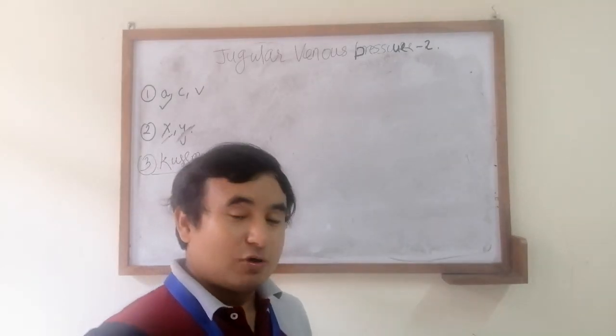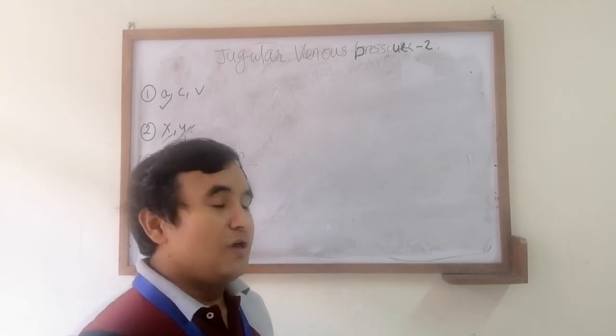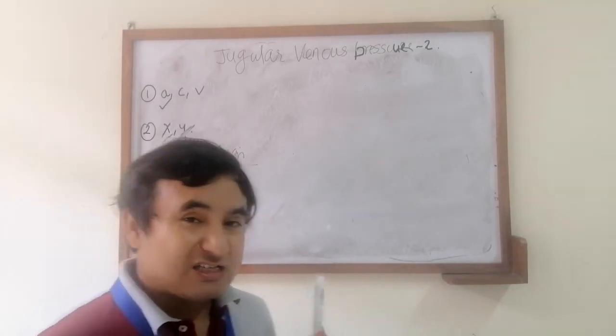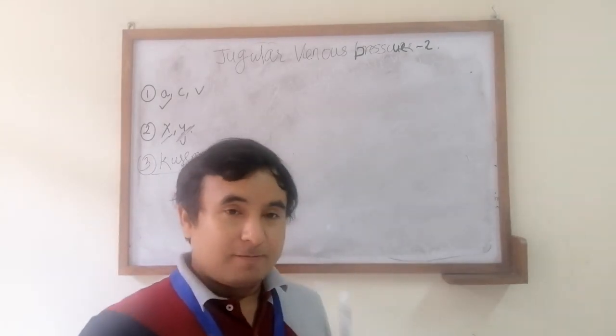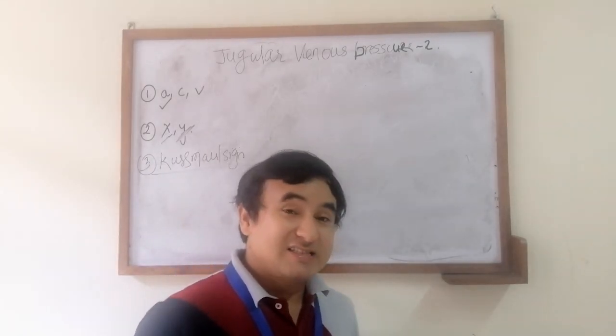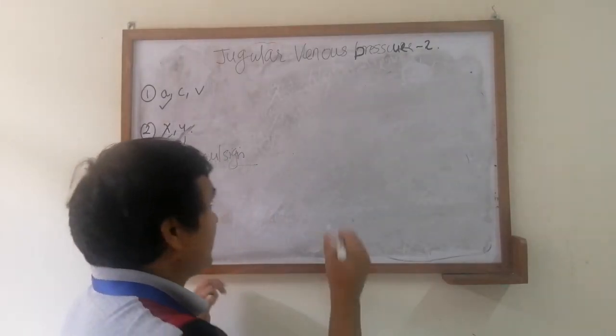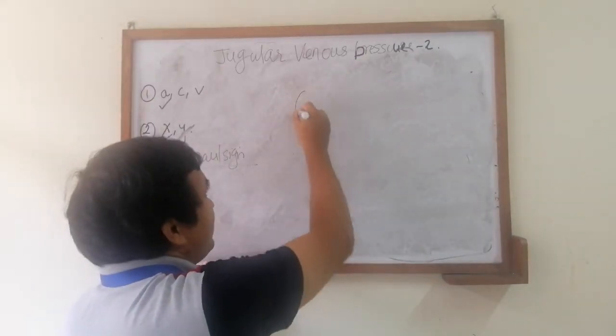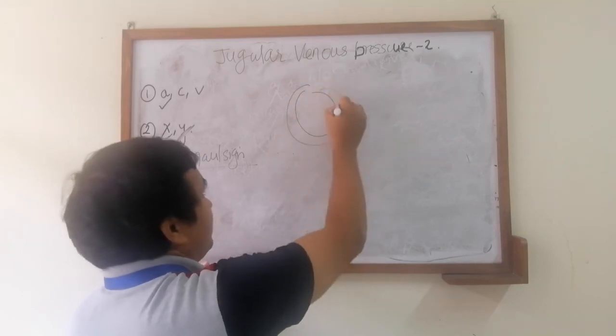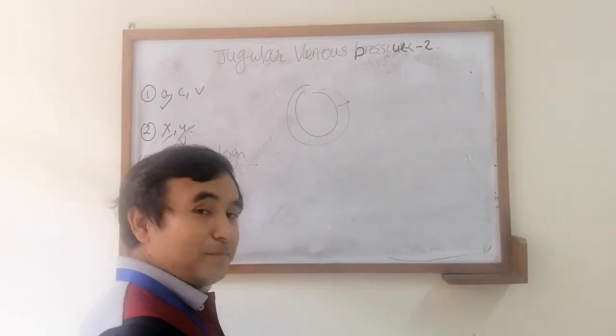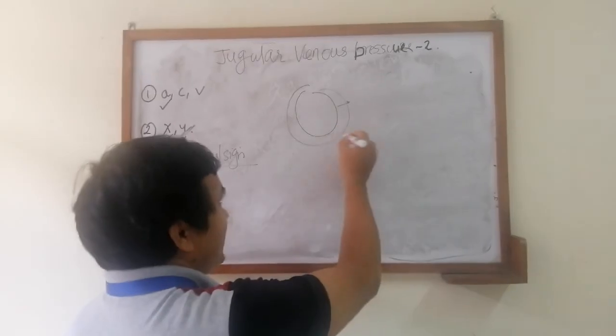What is the effect of respiration over JVP? When we are inspiring, taking a deep breath, it ultimately decreases the intrapericardial pressure, because first it will decrease the intrapleural pressure, then the intrapericardial pressure.